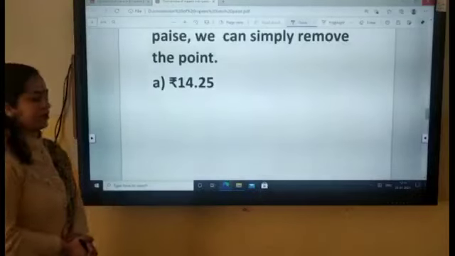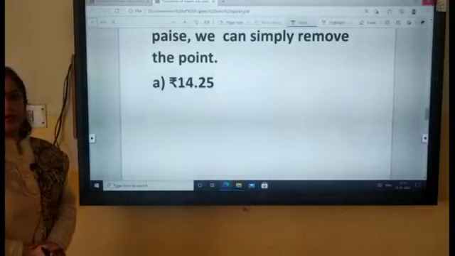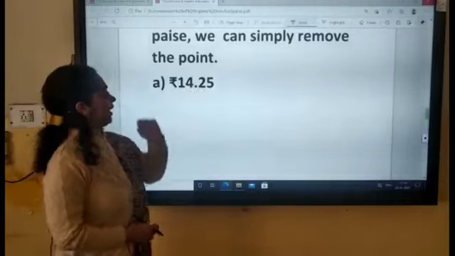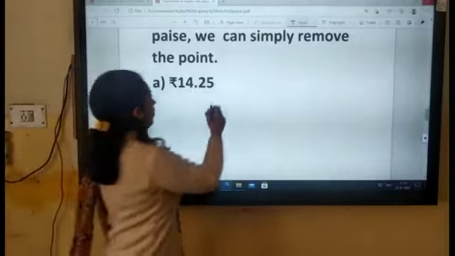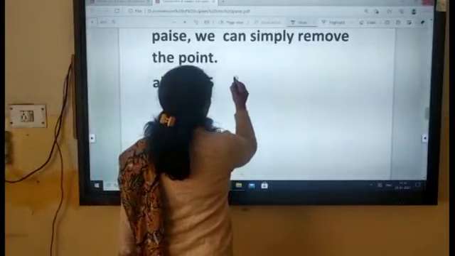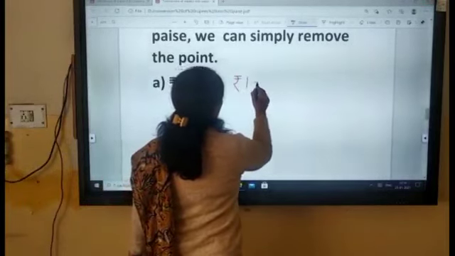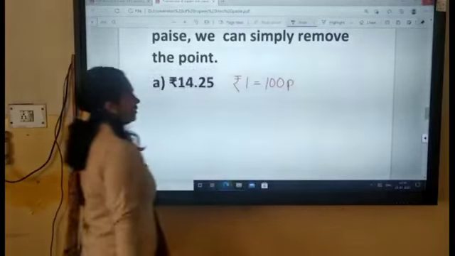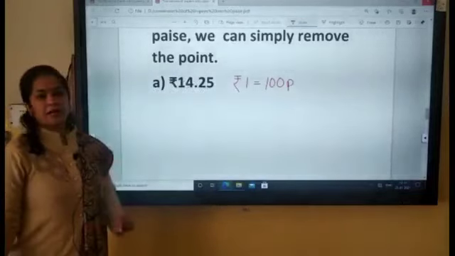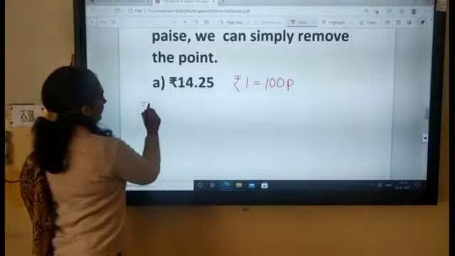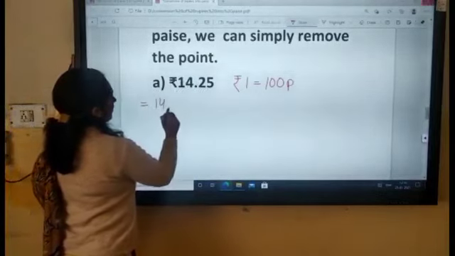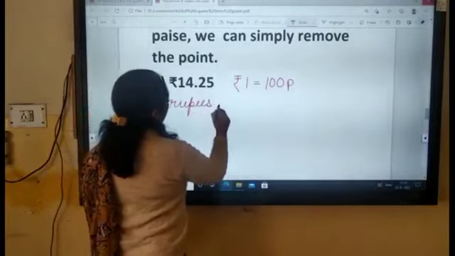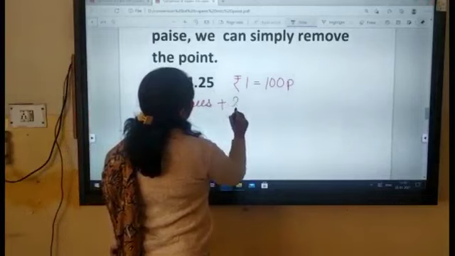Okay. Solve first question. What is given in this question? We have to convert rupees 14.25 into paise. As we know, 1 rupee is equal to 100 paise. And we can write this given amount like this also. 14 rupees plus 25 paise.